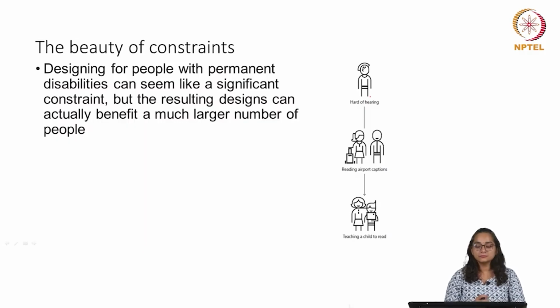So, as we spoke, designing for situations which have constraints may be a little bit difficult, but definitely the resulting designs can benefit more people, the resulting experiences can be much more enriching, the resulting products can be used by a larger chunk of people, hence the profitability can also go up.